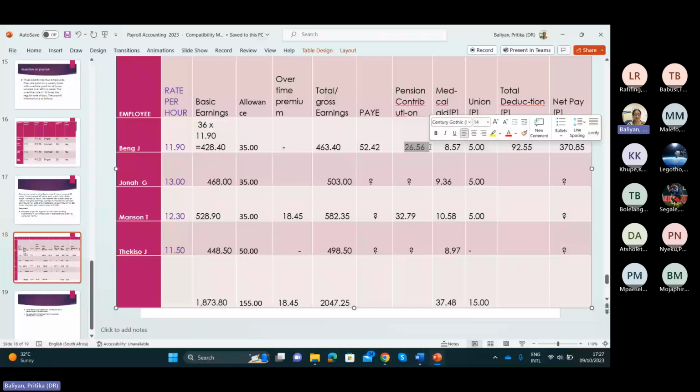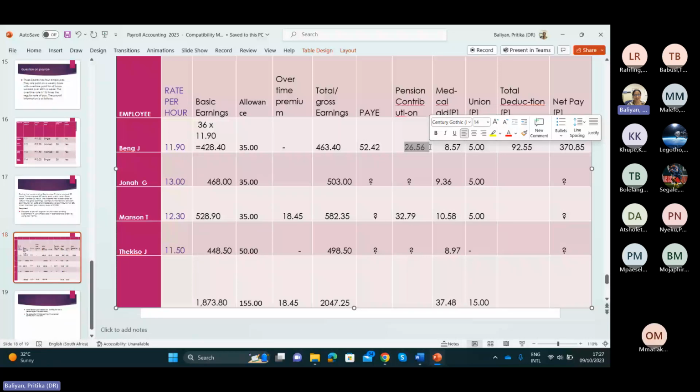On 436 pula 80 thebe, we will charge tax at the rate of 12%, which gives you 52 pula and 42 thebe. So this is the tax.